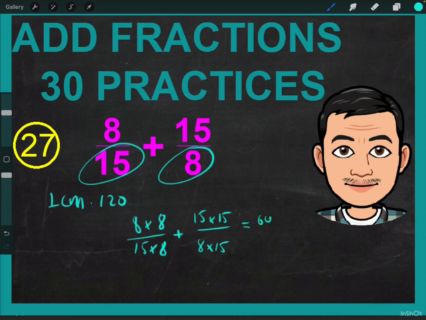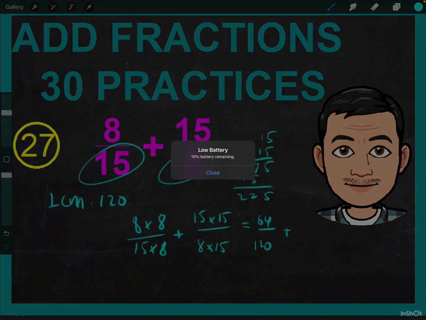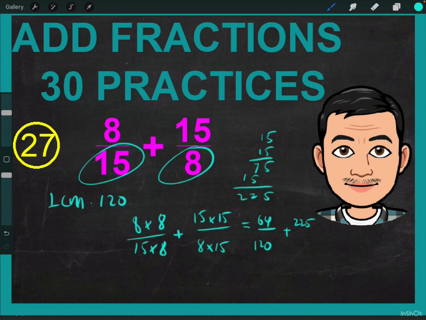So we got 64 over 120 add 15 times 15, which is 225 over 120. And now they have the same denominator, so we write again 120 for the denominator, and 225 add 64 is 289. That's the answer.